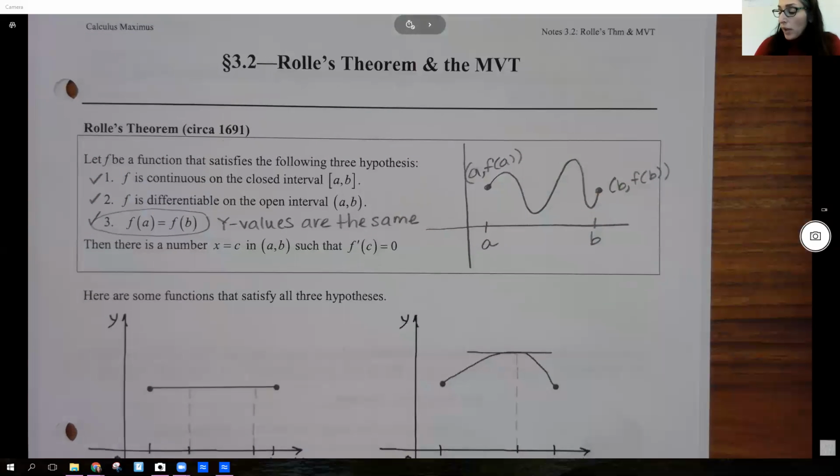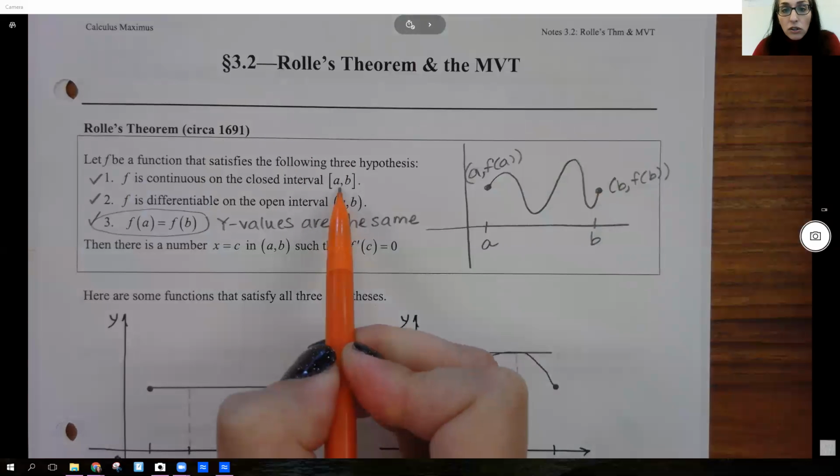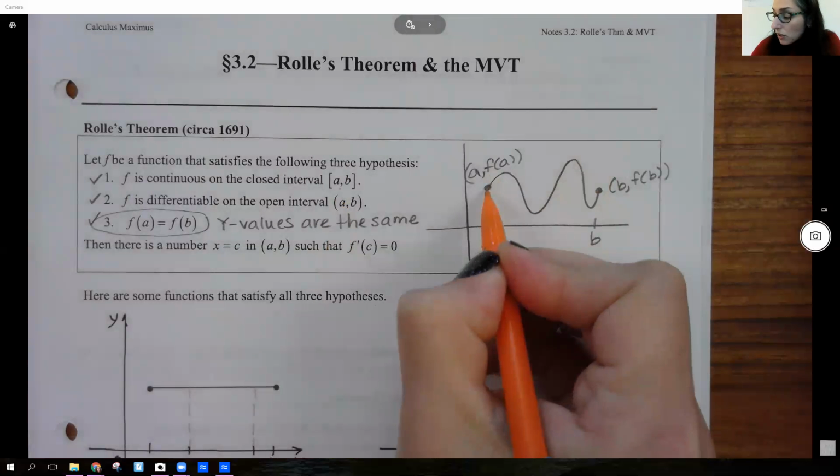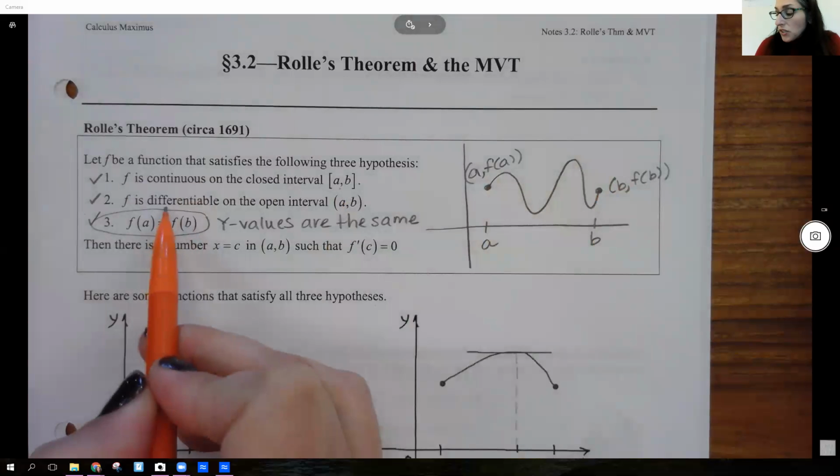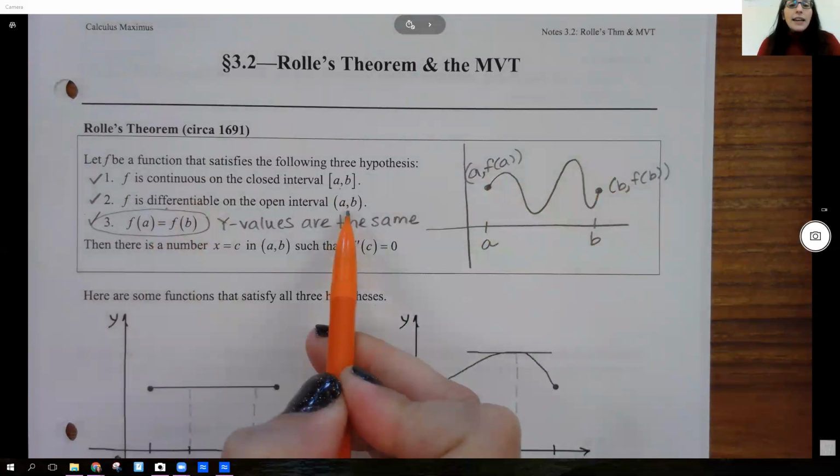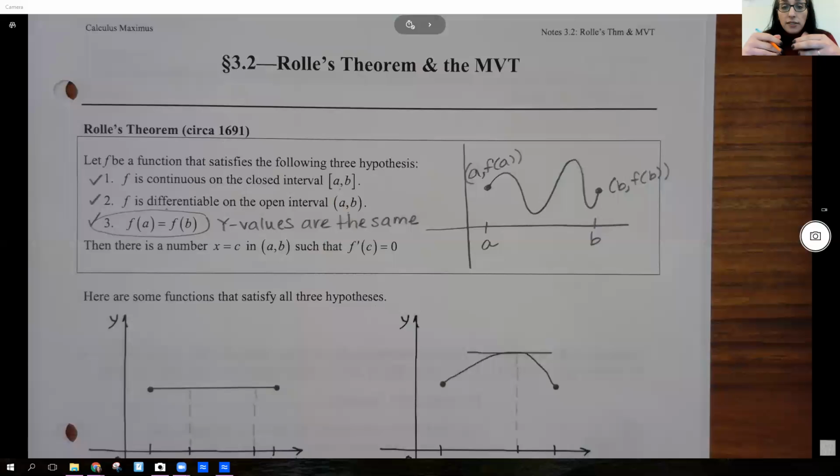Okay. Now we have to be continuous on a closed interval. So these have to be closed, but differentiable on an open interval. Now, the reason that there's a difference there, it's a very subtle difference, but it's important, is that in order to be differentiable, you have to have a little bit of space on either side of the point to be able to make sure that the derivative from the left-hand side equals the derivative from the right-hand side.